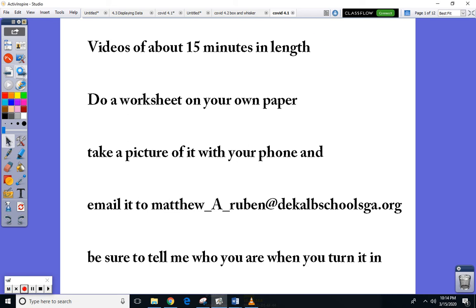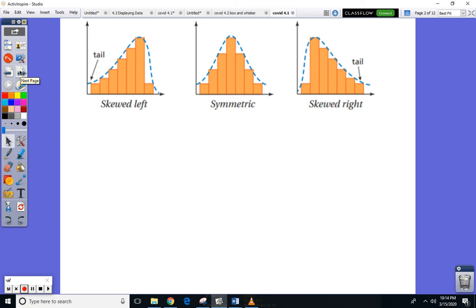Alright, so we are starting off basically where we left off, the very beginning of chapter 4. And what we had discussed with chapter 4 is that when it comes to graphs, there are some shapes that are associated with the graphs. We had symmetric, which is this one in the middle. We had skewed left, where the tail goes towards the left.